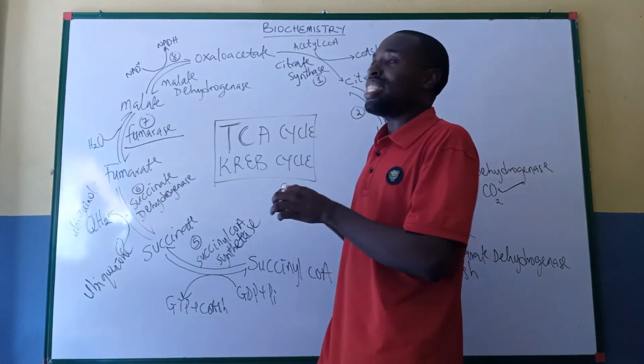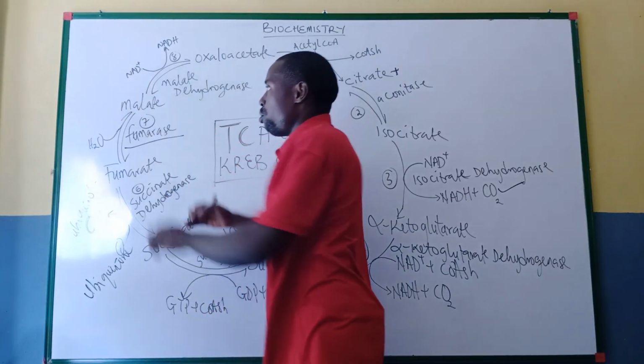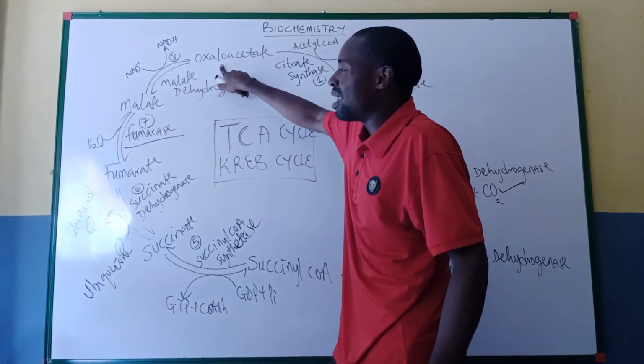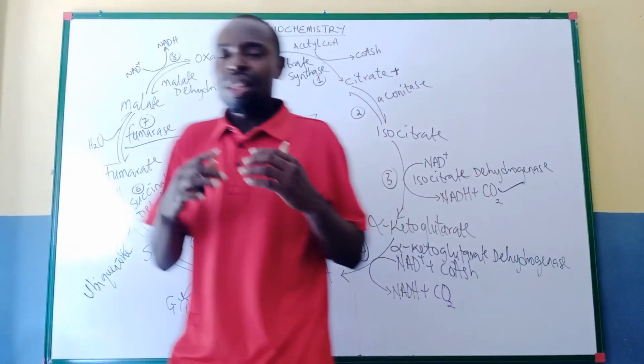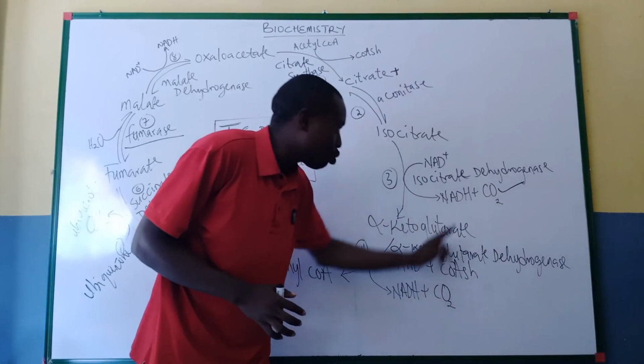From malate, the oxidized form NAD is used on malate to give off oxaloacetate, and the cycle progresses.